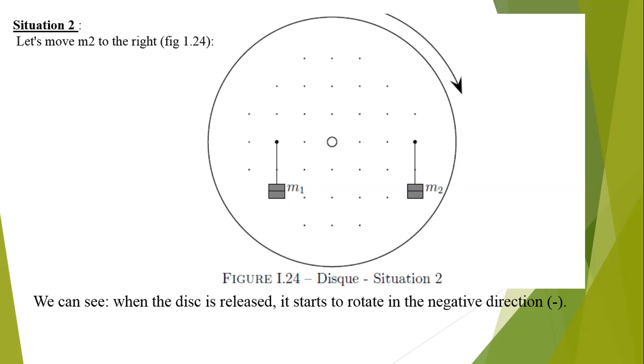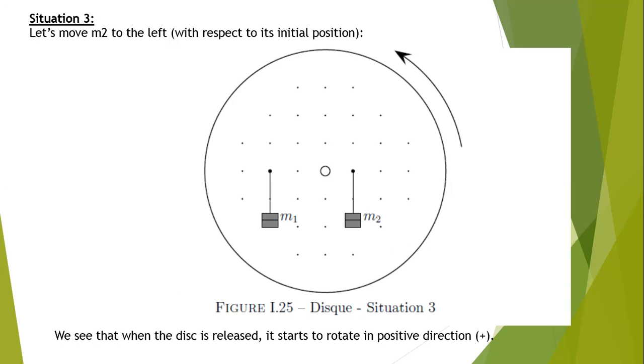Since if we consider the trigonometric direction as positive, the negative direction is the clockwise direction and the positive direction is the anti-clockwise direction. So when the disk is released, it rotates in the negative direction as shown in this figure.